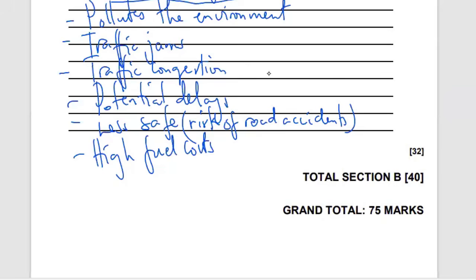It means it's a disadvantage to the end user, because if fuel prices go up, you have to pay more for using that form of transport. And then we can also talk of another disadvantage, like the maintenance cost.